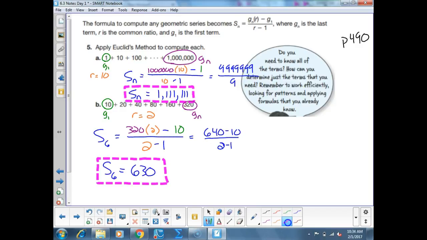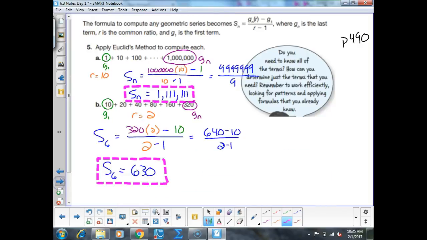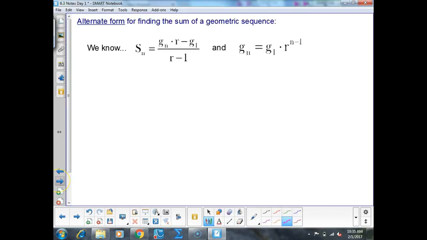Questions with Euclid's method? Teresa's trick really isn't a trick, it's known as Euclid's method. So, at the bottom of page 491, I'm going to walk you through what they're doing there, inside that spiral type notebook picture.